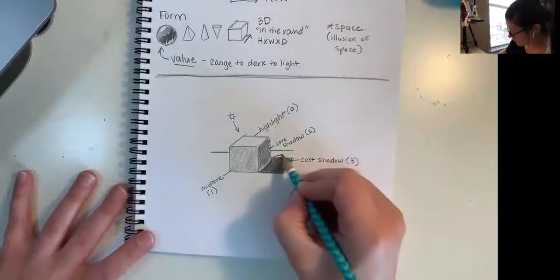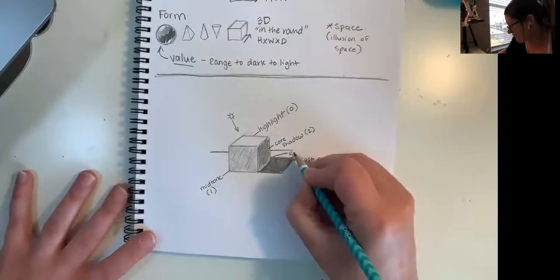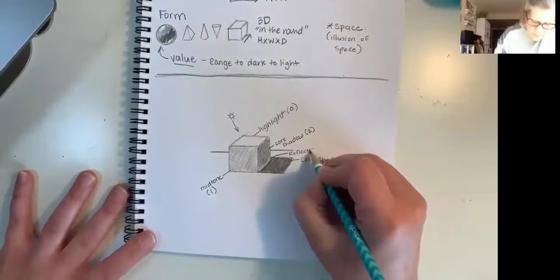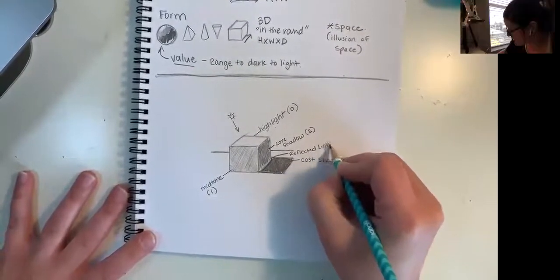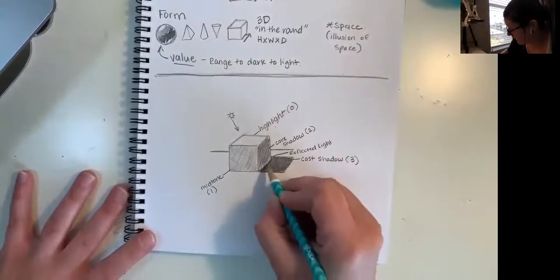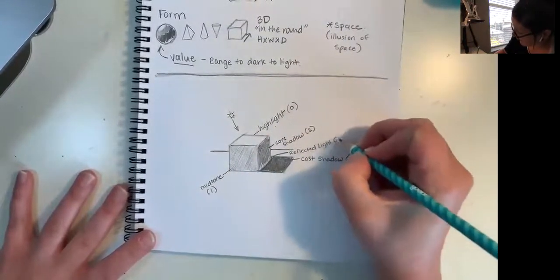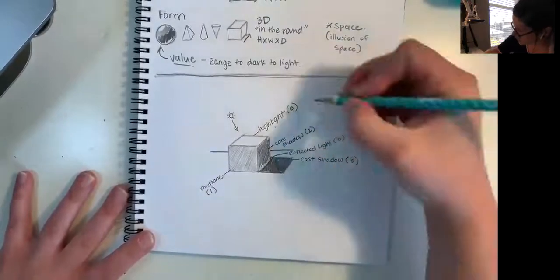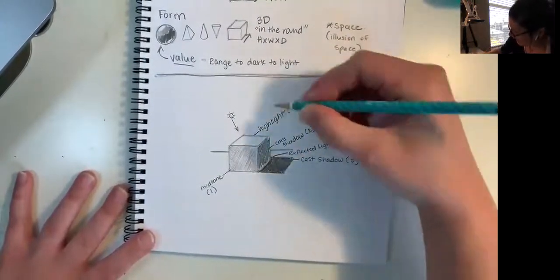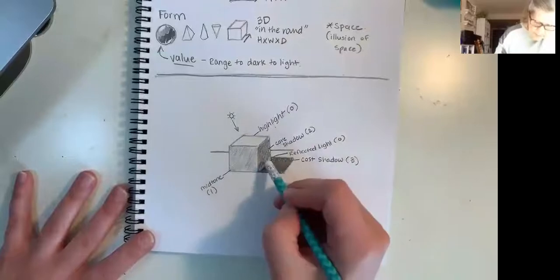This is referred to as reflected light. As far as the tone, it's a 0 again. So I'll go ahead and put 0 so you know it matches the highlight. It's that same lightness.